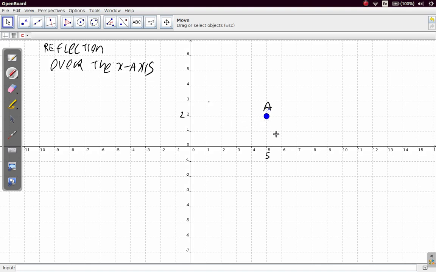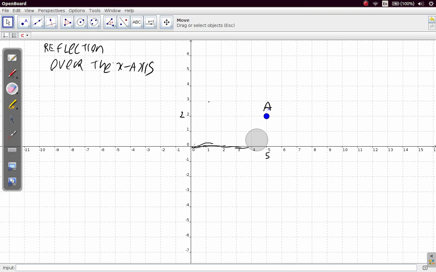Now, if this is reflected, then what we'll have is that 5, 2 is reflected over the x-axis. Remember, this is the x-axis that we're looking at right here, right? That's the x-axis. Let me erase those marks.